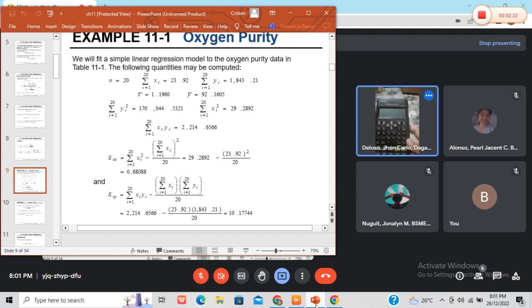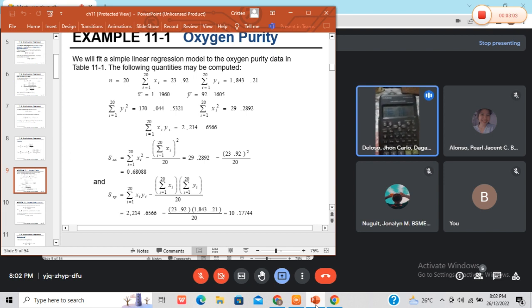So first, we already input our corresponding values of x and y in our calculator. We will press shift and then 1, and then 3, which is the sum. We're going to solve first the value of S subscript xx.